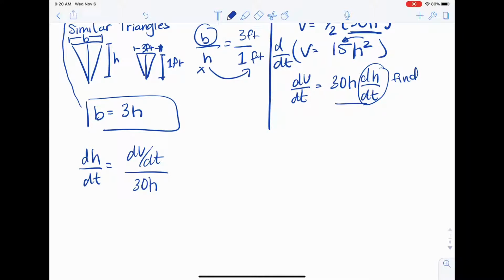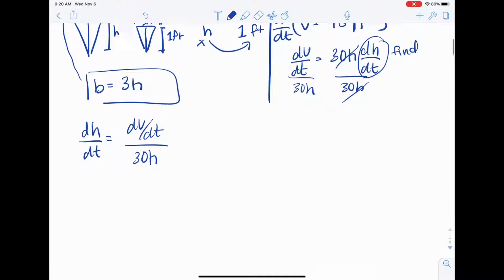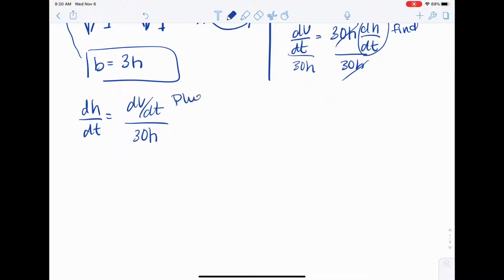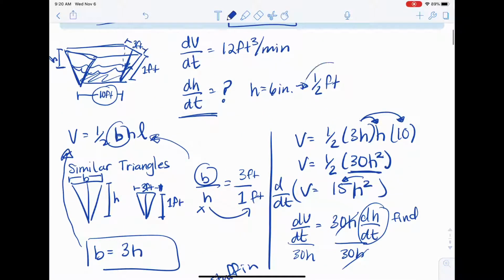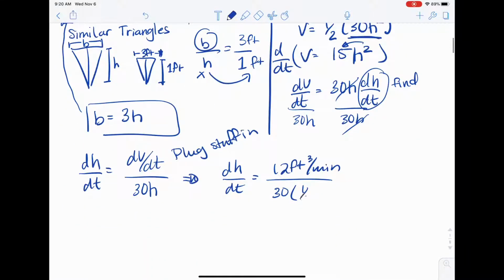I got that by dividing 30h over, like so. And then I'm just going to plug stuff in. So that's going to get me dh dt equals 12 feet cubed per minute all over 30 times the height, which we got here is 1/2 foot.